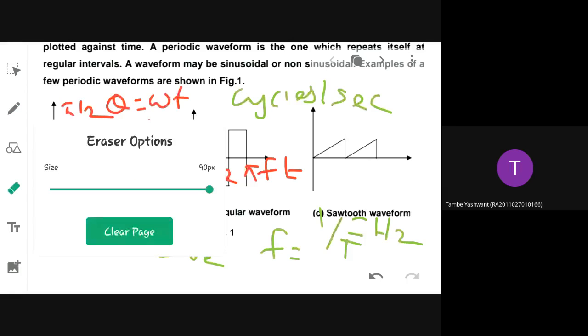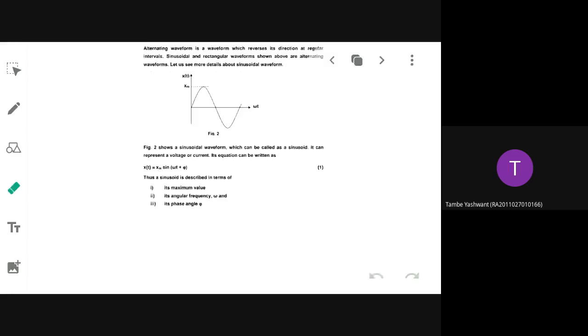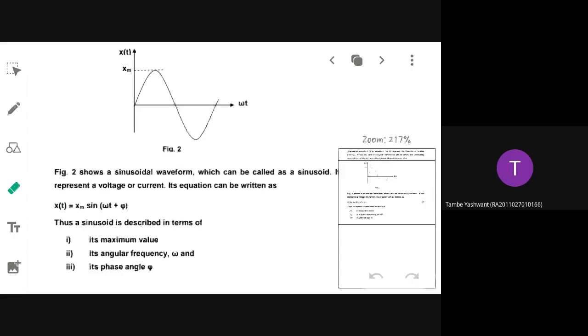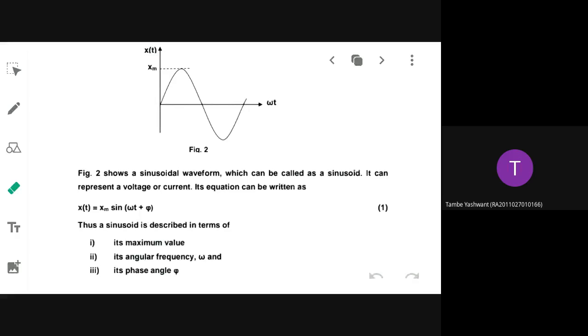So let us move on to derivation of RMS quantities and average quantities. Now, generally, if I want to represent mathematically any sinusoidal quantity, what is the expression? Ma'am, A is equal to A naught sin omega t. Yes, this can be voltage or current or even a power quantity.